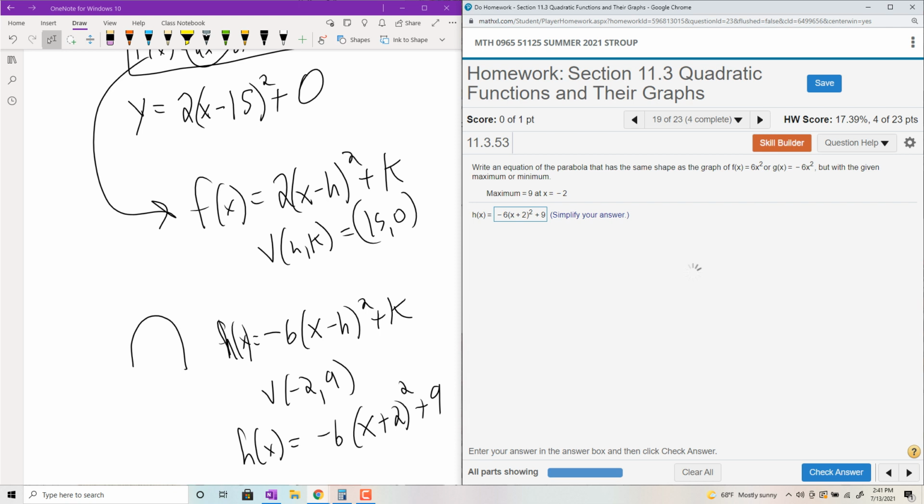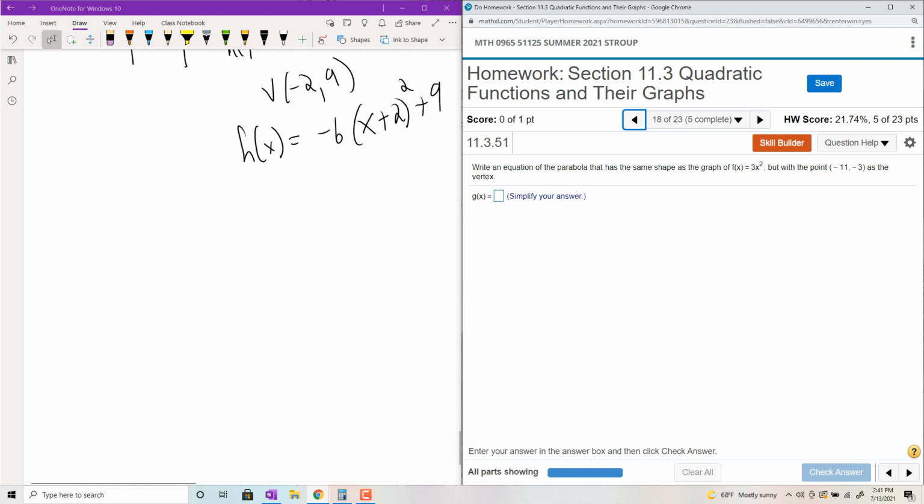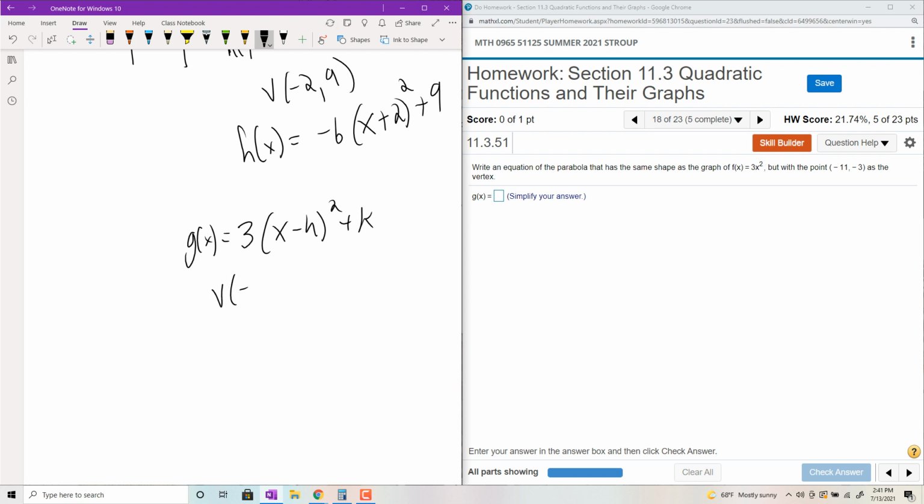Okay. So hopefully that's kind of obvious what they want. This is kind of the same deal. So you're going 3 times x minus h squared plus k. And they're giving you the vertex negative 11, negative 3.